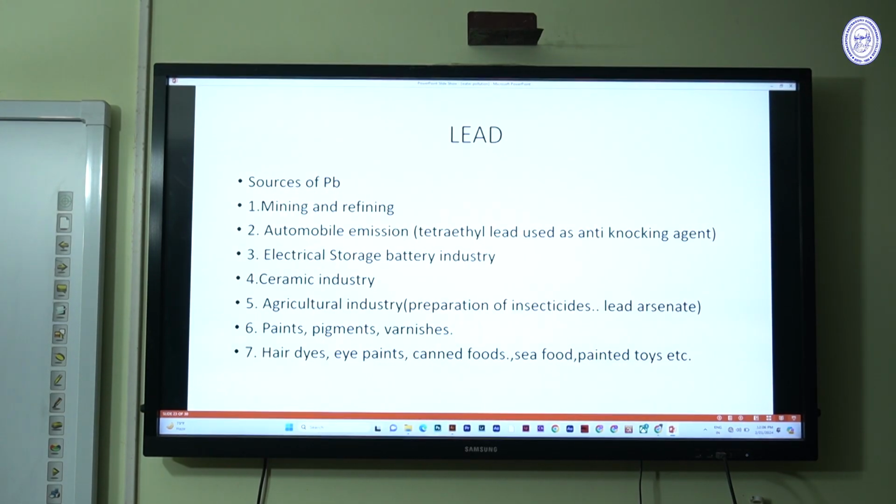Another important metal is lead. Sources of lead: number 1, mining and refining. Number 2, automobile emission, that is tetraethyl lead used as an anti-knocking agent. Number 3, electrical storage battery industry. Number 4, ceramic industry.